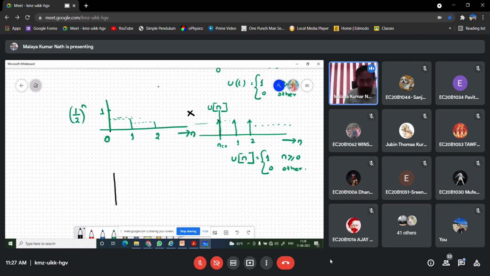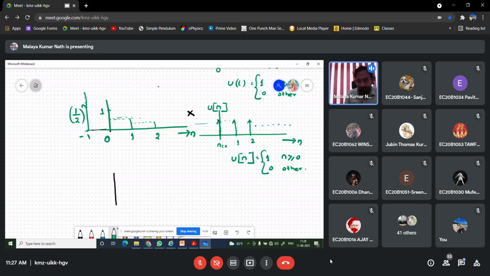One more thing I forgot to tell you: for n equal to -1, how much will it be? It is 1 by 2 to the power -1, so for n equal to -1 you get some value. So for both positive as well as negative n, you get values for half to the power n. Similarly, for n equal to -2, you get some value like this.